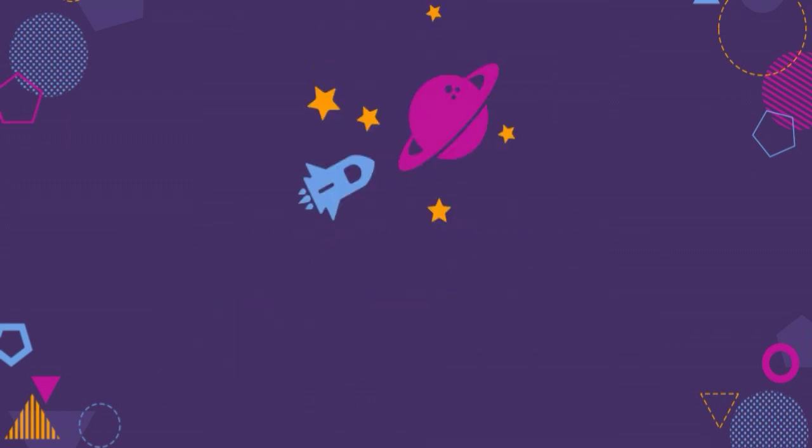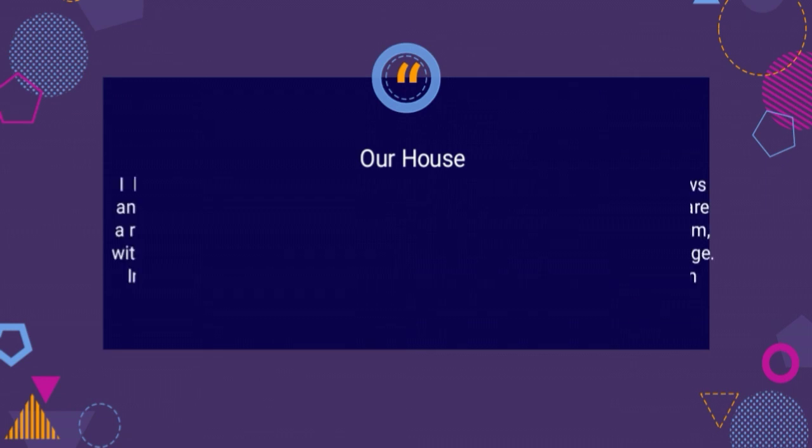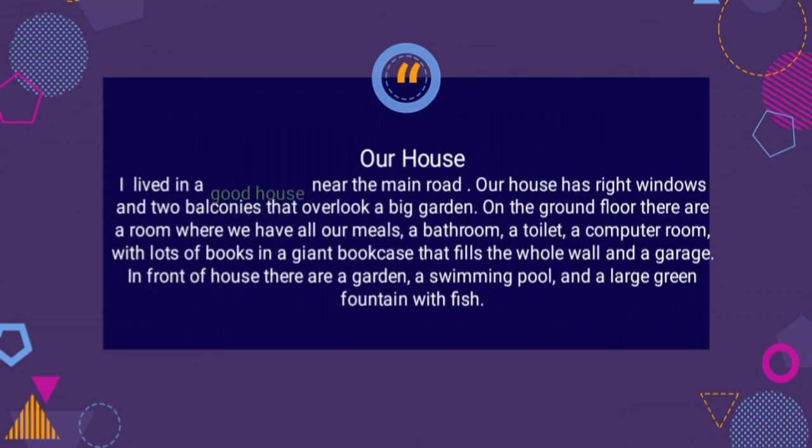Look at this example. I have a text. It is about our house. This is an example of two general texts and I paraphrase it a little bit. Look, I lived in a good house near the main road. This is incorrect because it uses simple past tense and uses the word good.